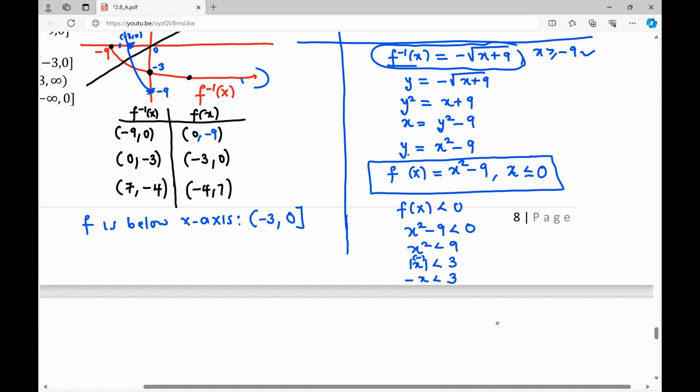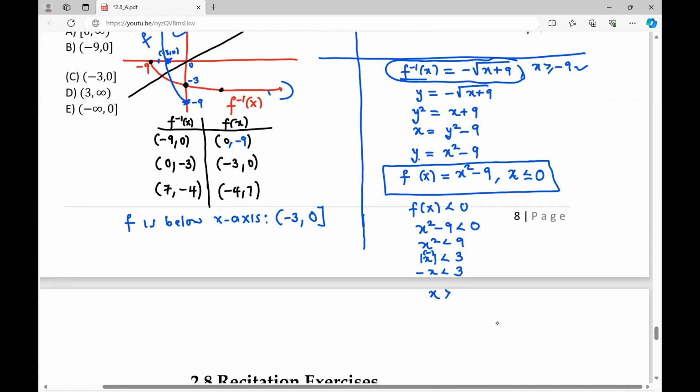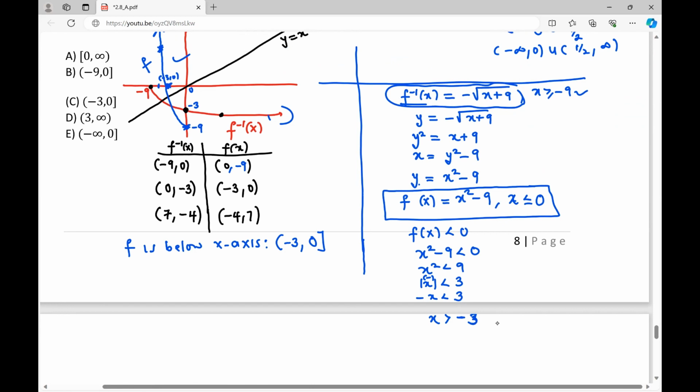It means that x is greater than minus 3. So now we have x greater than minus 3, but we know that x is less than or equal to 0.